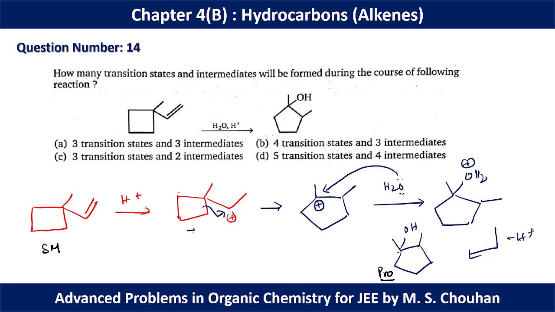This is intermediate 1, intermediate 2, intermediate 3. So we have 3 intermediates and 4 transition states. This is transition state number 1, number 2, number 3, and number 4. So 4 transition states and 3 intermediates. That's why for question number 14, option B is the correct option.